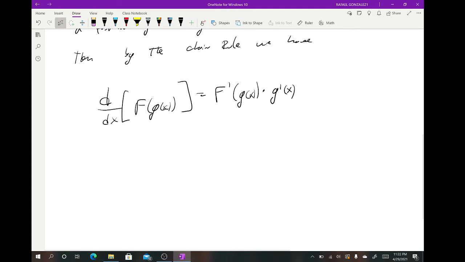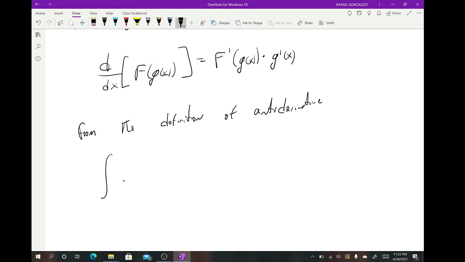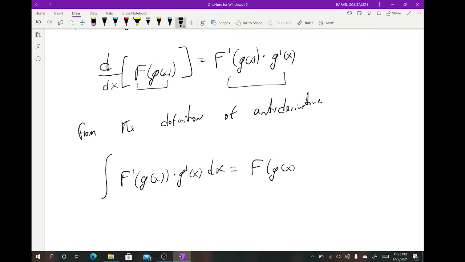Now, from the definition of the antiderivative, we have that the indefinite integral of F prime of g of x times g prime of x dx, meaning this piece has to be equal to this piece on the inside, is equal to F evaluated at g of x plus some constant of integration by definition.